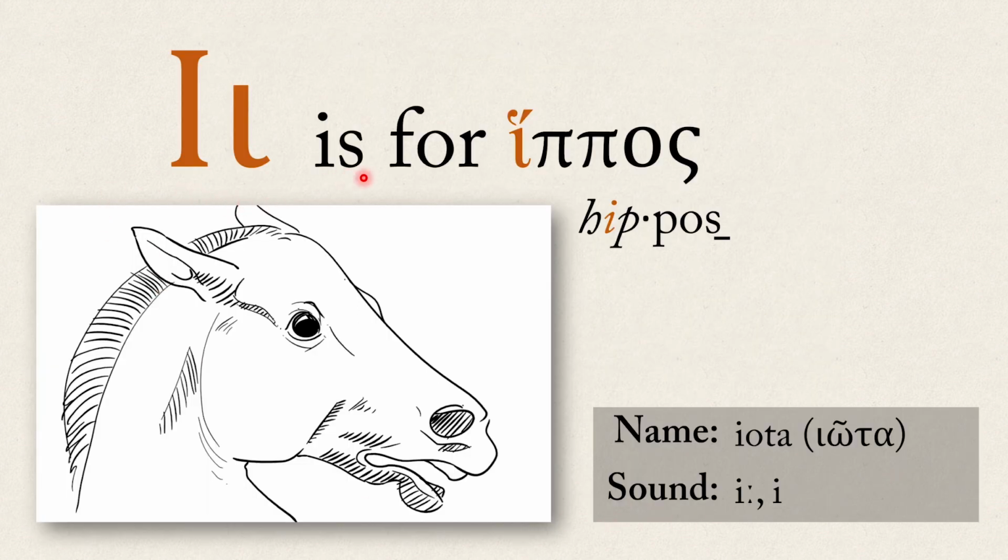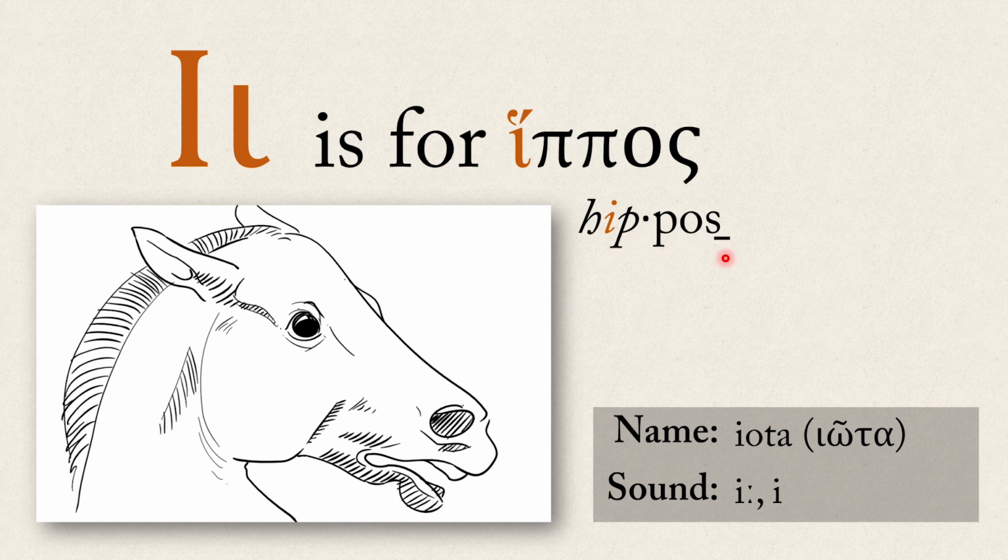I is for hippos. Hippos means horse. The h sound at the start of it is the rough breathing mark. I've got to be careful as an English speaker not to make that rough breathing mark go hippos, because that's going to be a different letter coming up. I have to say very, very lightly, hippos.